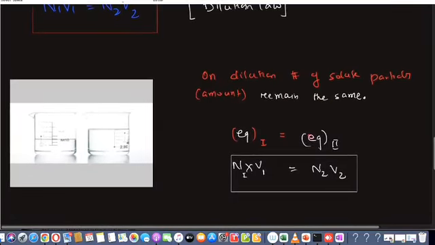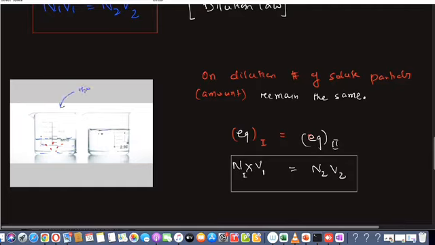Suppose I have a solution, right? A solution having, okay, notice the number of the red dots here, 6, okay? And water level till here, okay? Now, if I add some more water to it, what happens here?